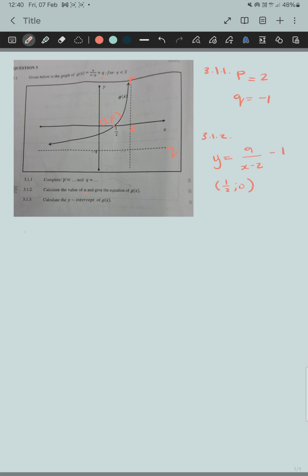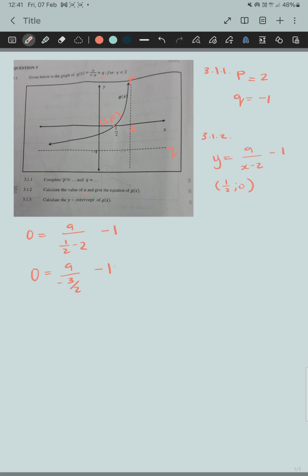Let's do that. Our y is 0 equals A over a half minus 2, minus 1. 0 equals A over, a half minus 2 is -3 over 2, minus 1.